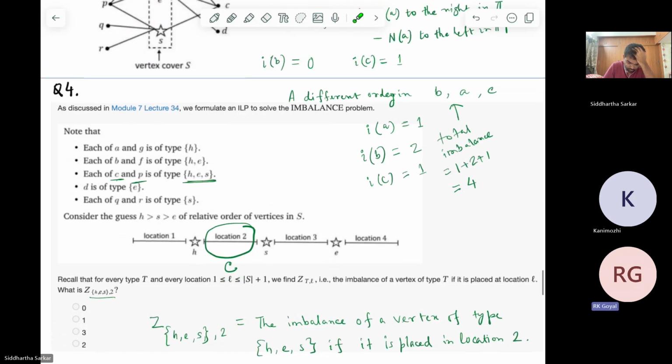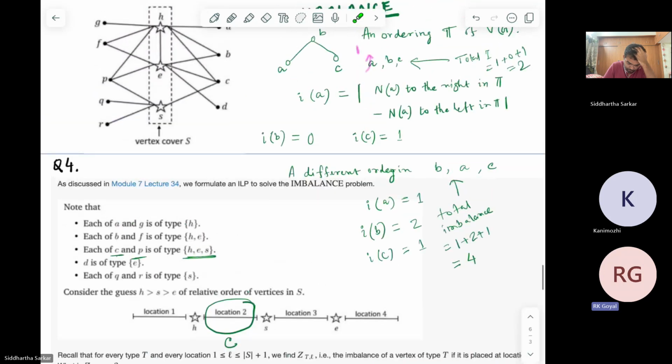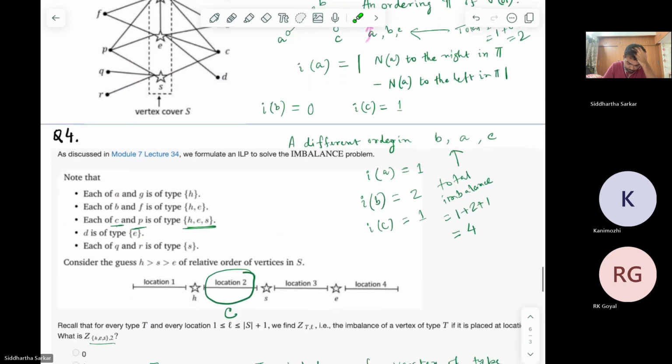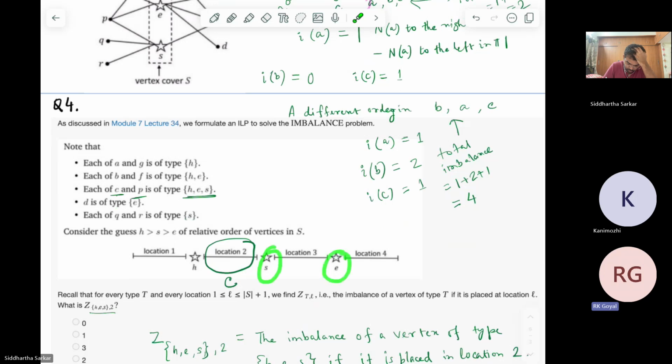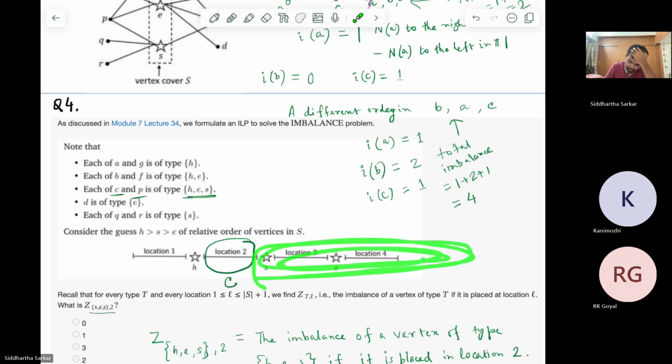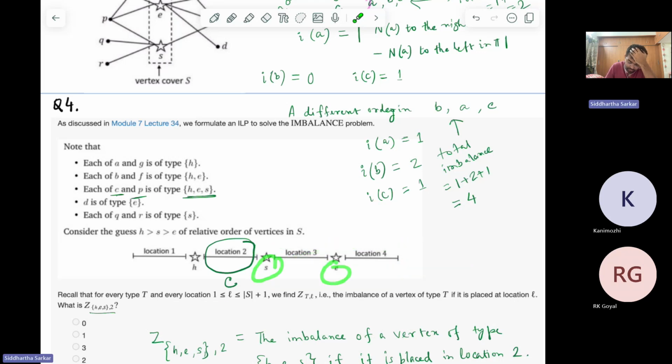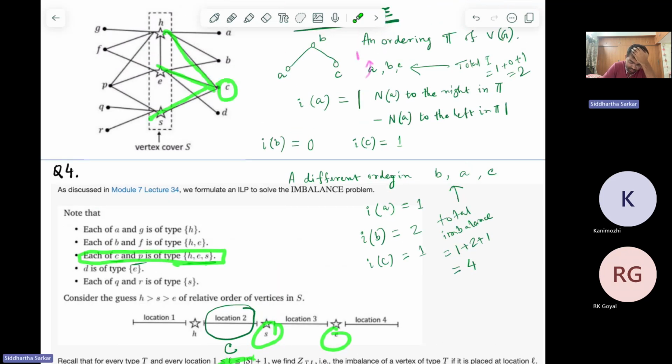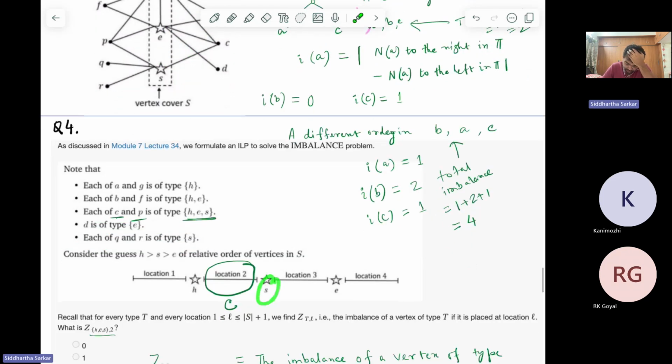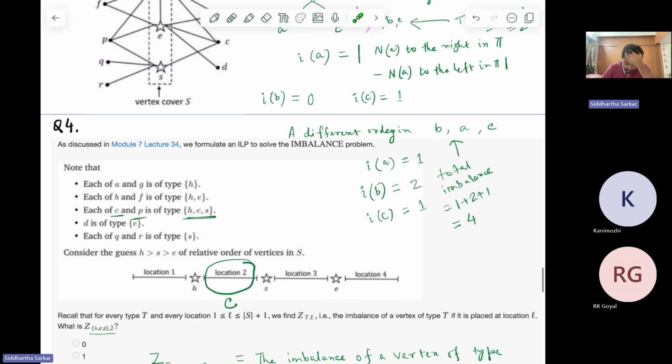Left of C is H, and right of C would be S and E, which are definitely neighbors of C. That is the reason C is of type HES, meaning H, E and S are all connected to C. So C has at least 2 neighbors on the right and one neighbor on the left.